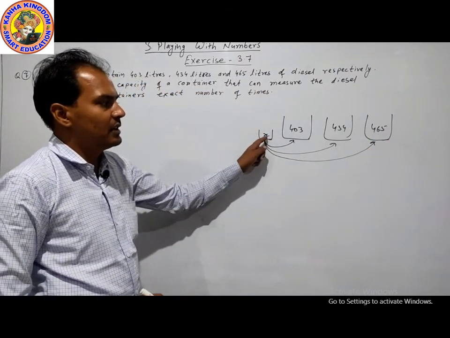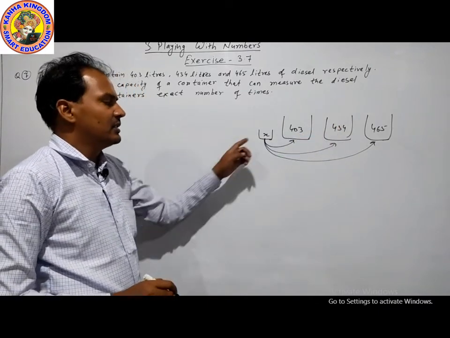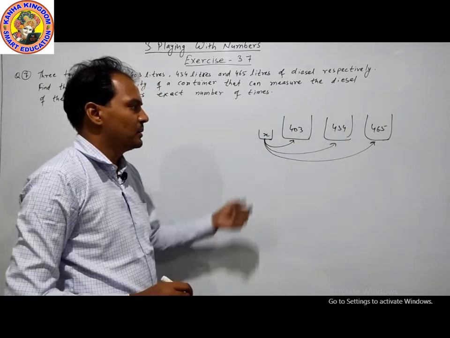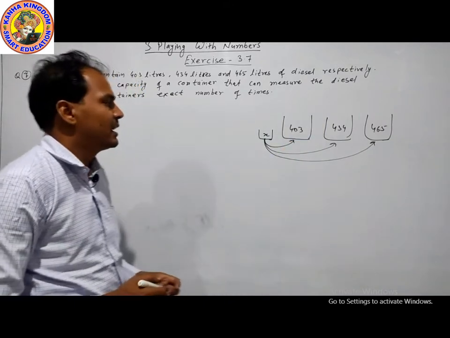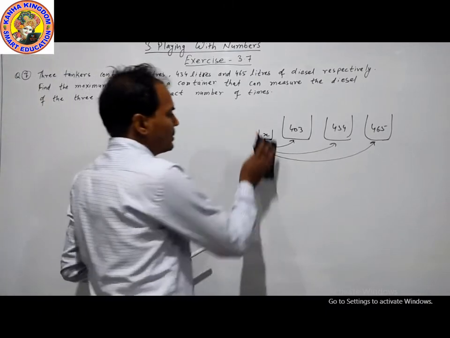So this number will divide these 3 exactly. So the HCF is a number which can divide these numbers exactly. So we will find the HCF of these.